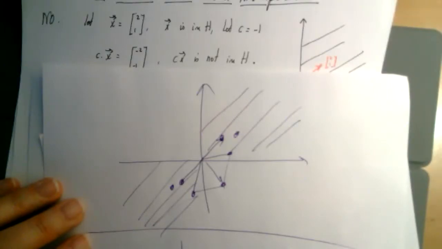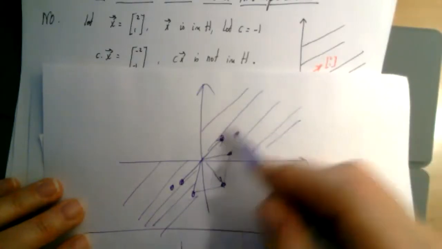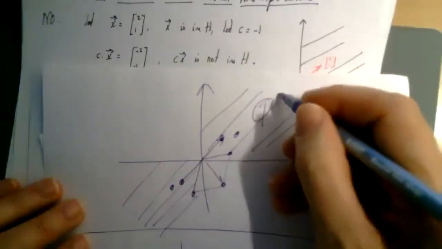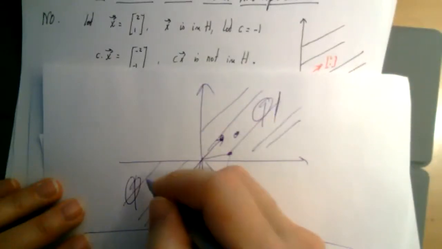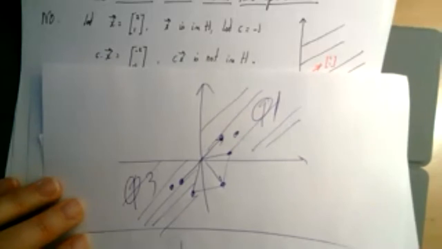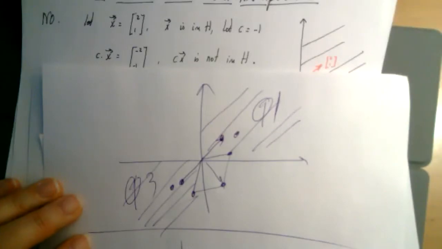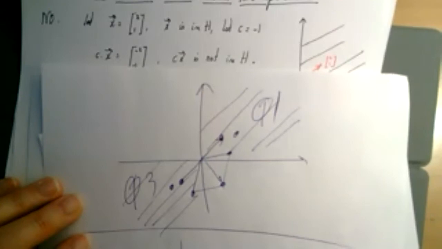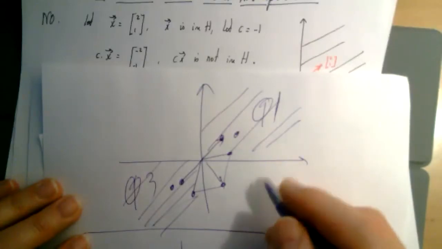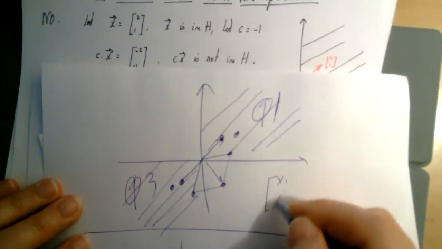Now the algebra. First, how can I algebraically describe quadrant 1 and quadrant 3? I'm not going to tell you x is in quadrant 1 or 3. I'm going to give you an algebraic way of describing those. Can anybody describe those vectors algebraically?